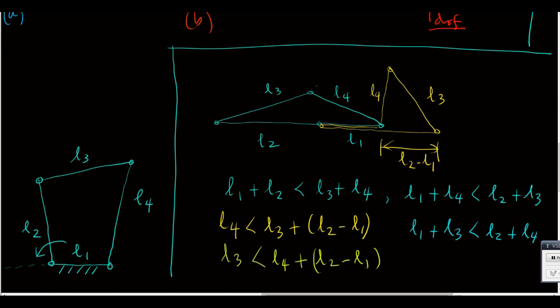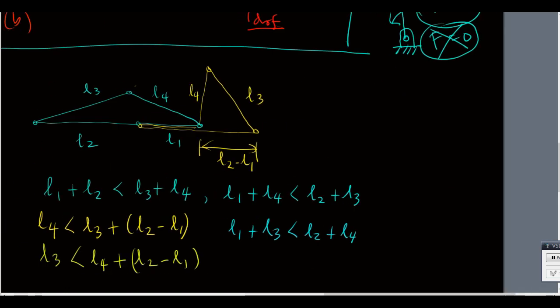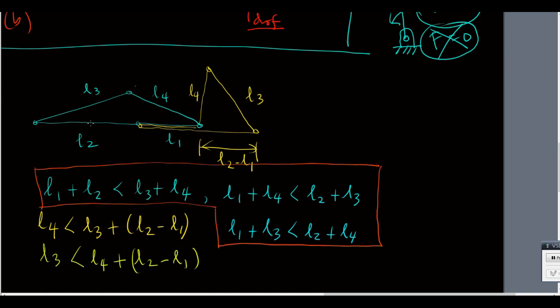Okay, so these three inequalities, which I will now put in a red box, govern the question of whether or not this link L2 will be able to make a full revolution with respect to L1.